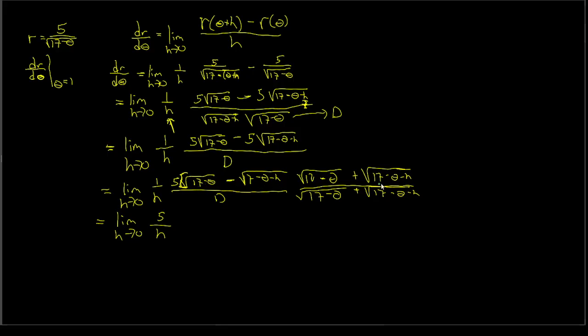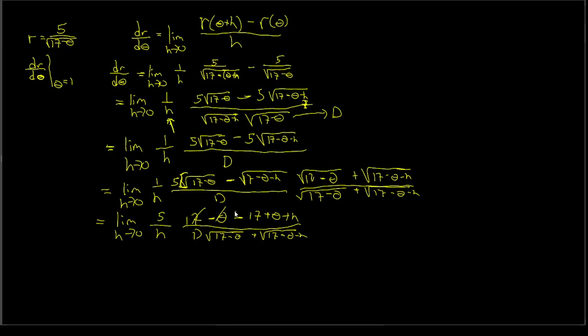And I have the reverse of the difference of squares, so I'm going to get 17 minus theta minus 17 minus theta minus h, all over d times the square root of 17 minus theta plus the square root of 17 minus theta minus h.